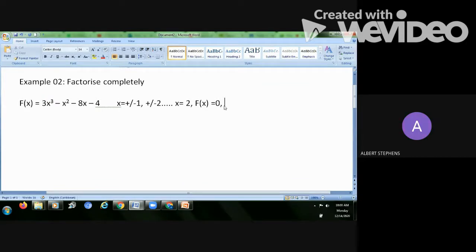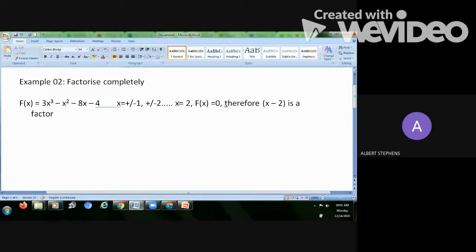So if x equals 2, when you put x equals 2 and you get 0, therefore x minus 2 is a factor.